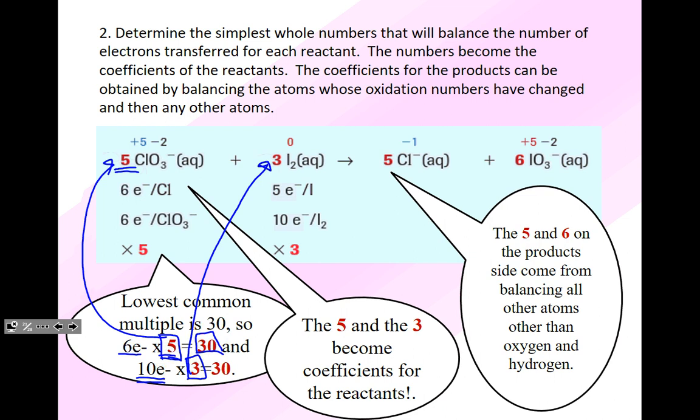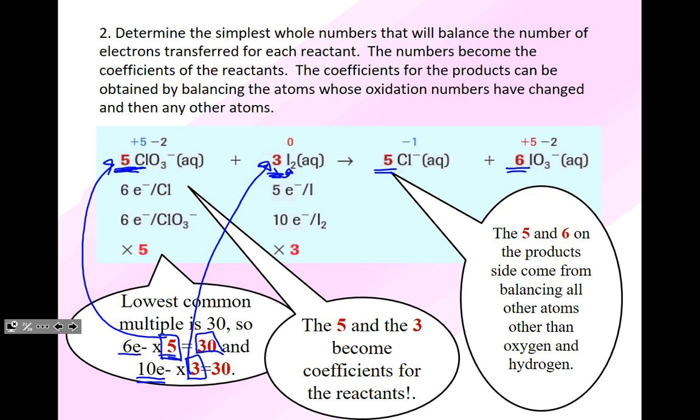Now, our next step is use those coefficients, so use the 5 and the 3 to balance everything other than oxygen and hydrogen. There's 5 chlorines, 5 chlorines. There are 6, 3 times 2, 6 iodines. I have to make sure there are 6 iodines here.